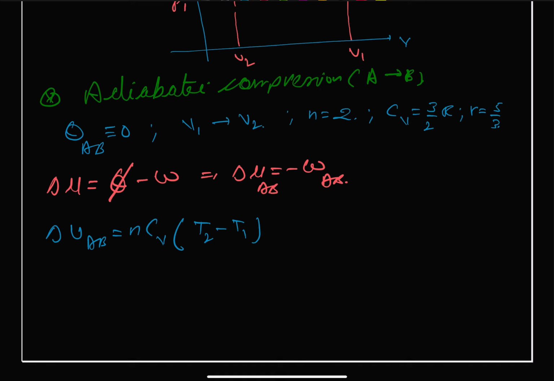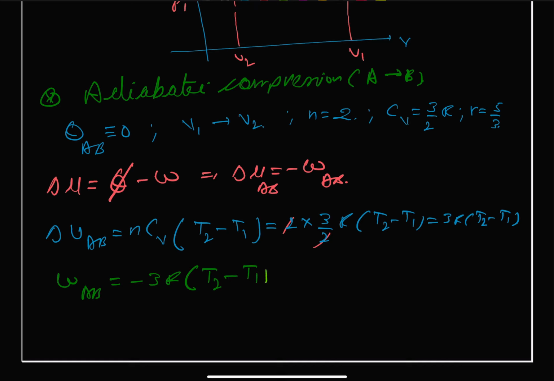Here n is 2, C of V is 3 by 2 times R, so the 2 and 2 go away, and we are left with 3R times T2 minus T1. Therefore the work done from A to B will be equal to minus 3R times T2 minus T1.